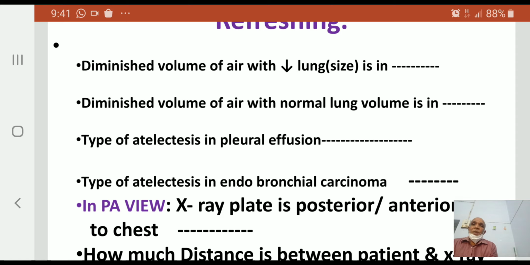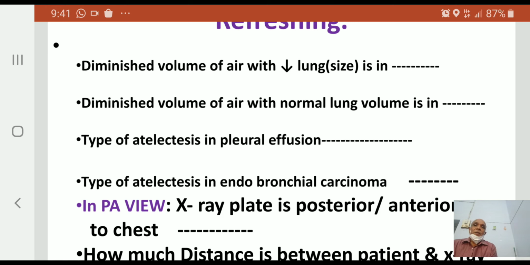Now the type of atelectasis in pleural effusion. In pleural effusion, accumulation of fluid compresses the underlying lung. It is called compressive collapse or relaxation collapse. Now the type of atelectasis in endobronchial CA.